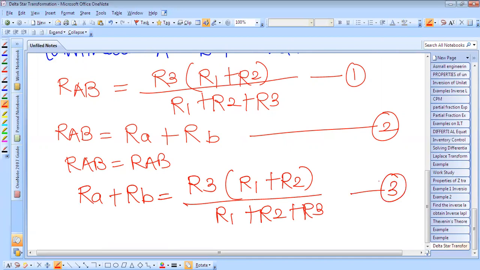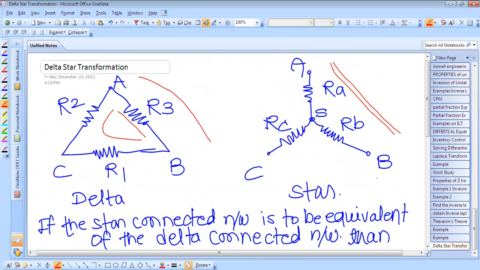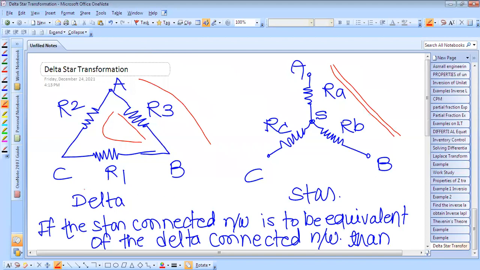So similarly, we can write for the other terminals, B and C. How many paths are there? There are two parallel paths. This is one path and this is another path.